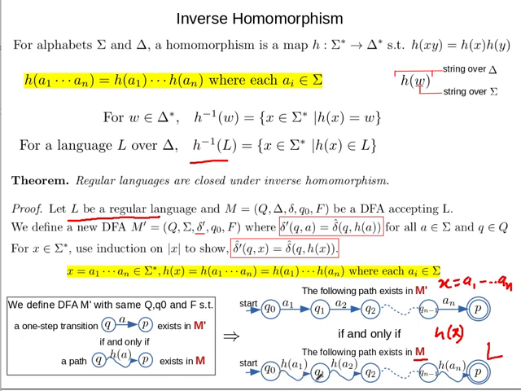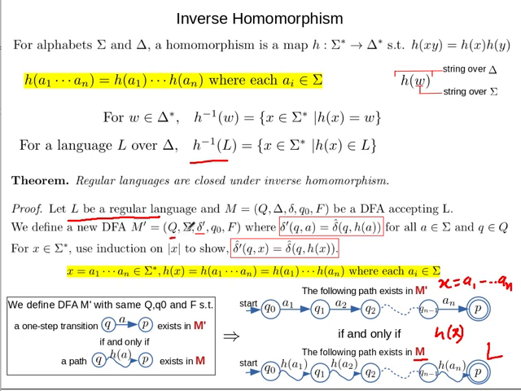So if you have a path, say from Q to P in M, where M is accepting L, which processes this string H of A, then you just put a direct edge labeled by A between these states in your M prime. So we are constructing this M prime where we take the same states.